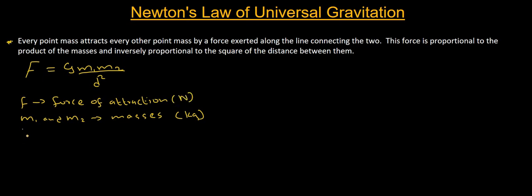D will be the distance, and the distance must be measured in meter. What about G? G is our gravitational constant.